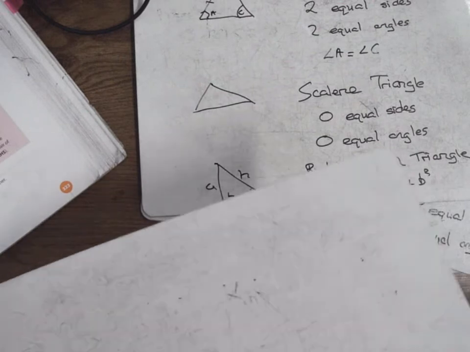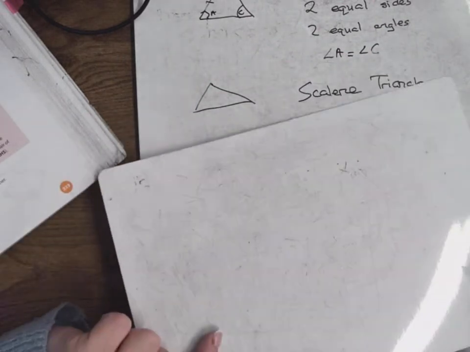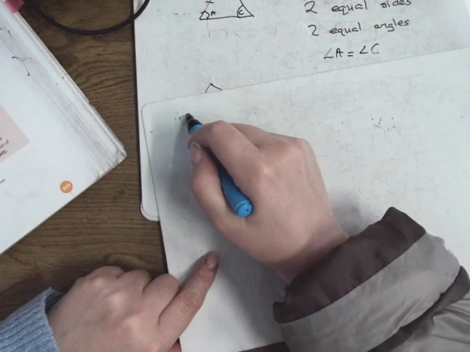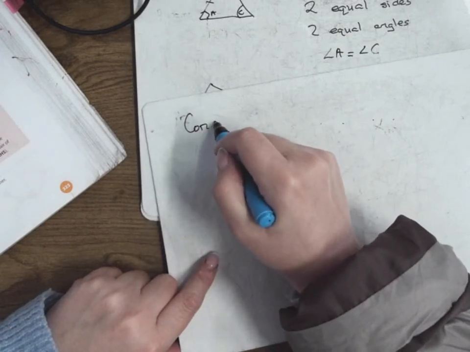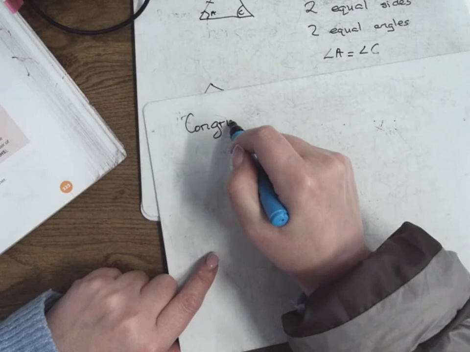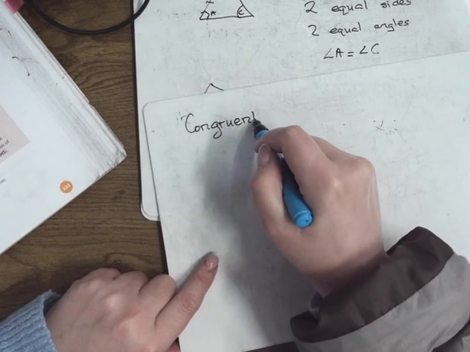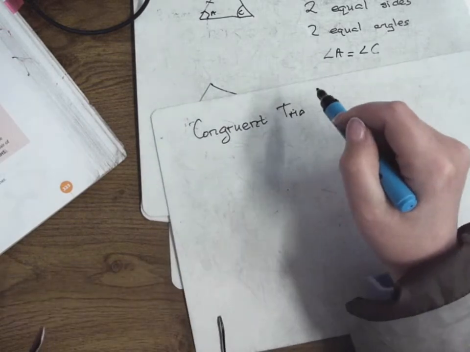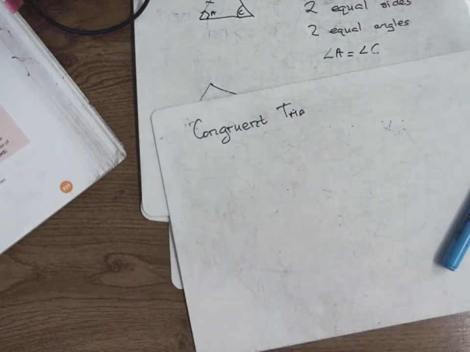Finally, I need to talk about congruent triangles. Do you remember congruent triangles? What does congruent triangles mean? The triangles are the same. Everything about them is the same.